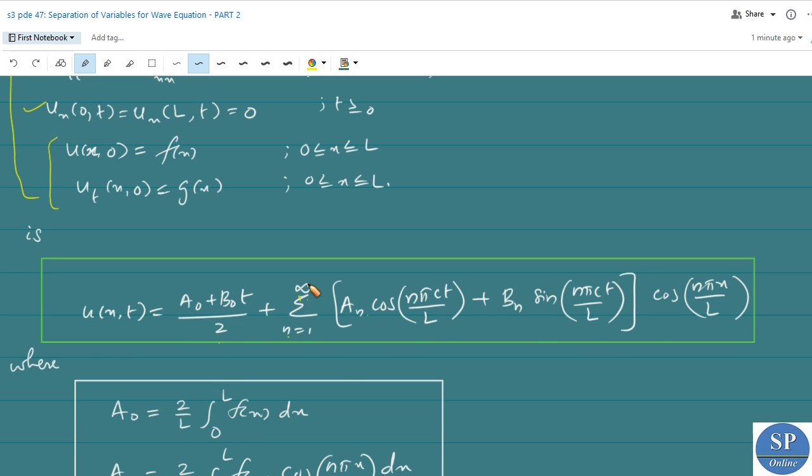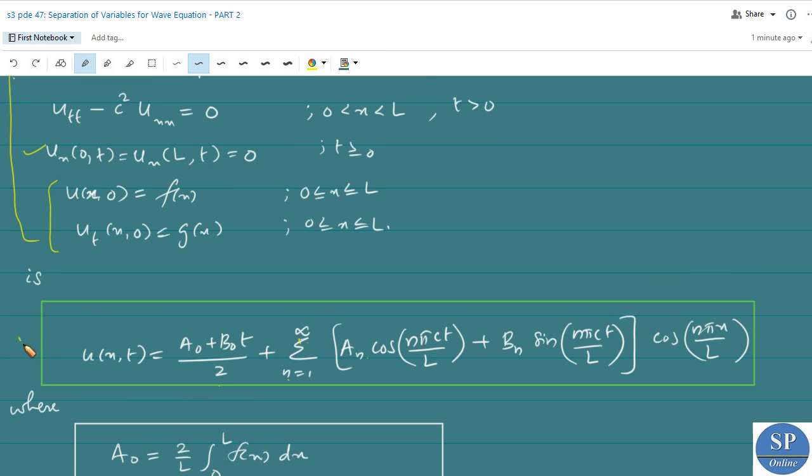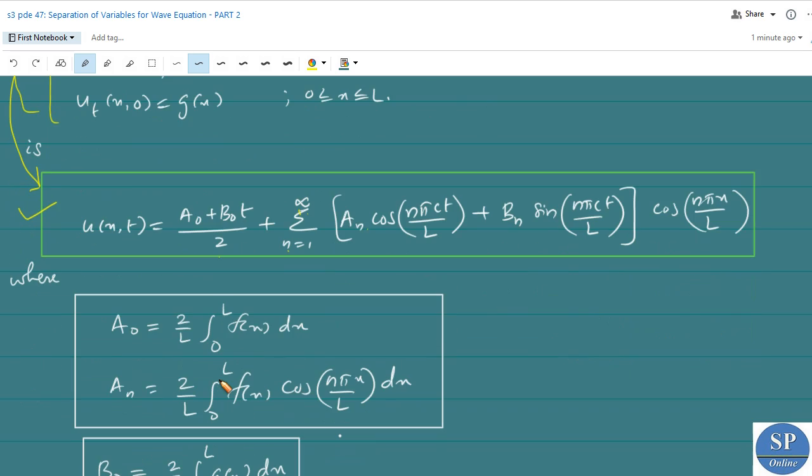This solution is obtained by solving this partial differential equation along with these boundary conditions. And once we apply the initial conditions, then only we get a naught, an, b naught and bn.